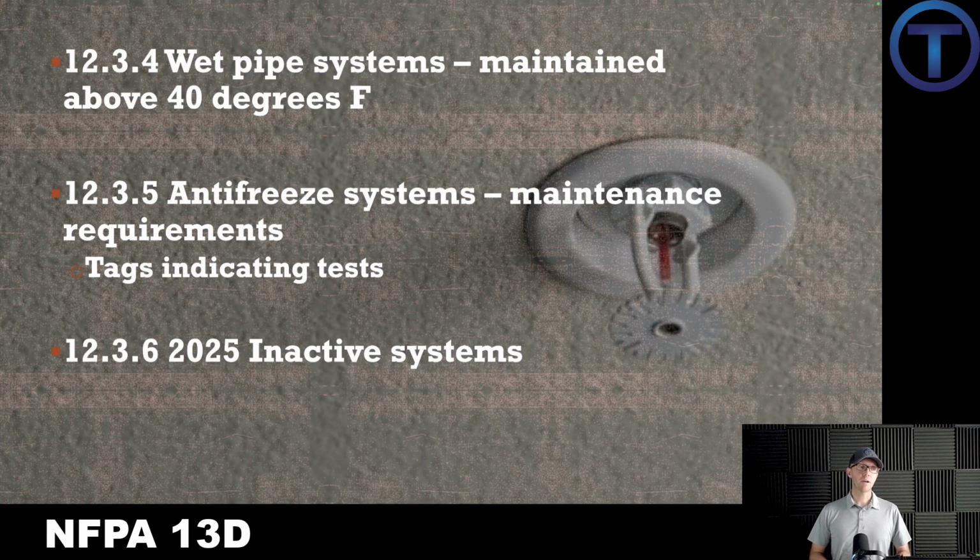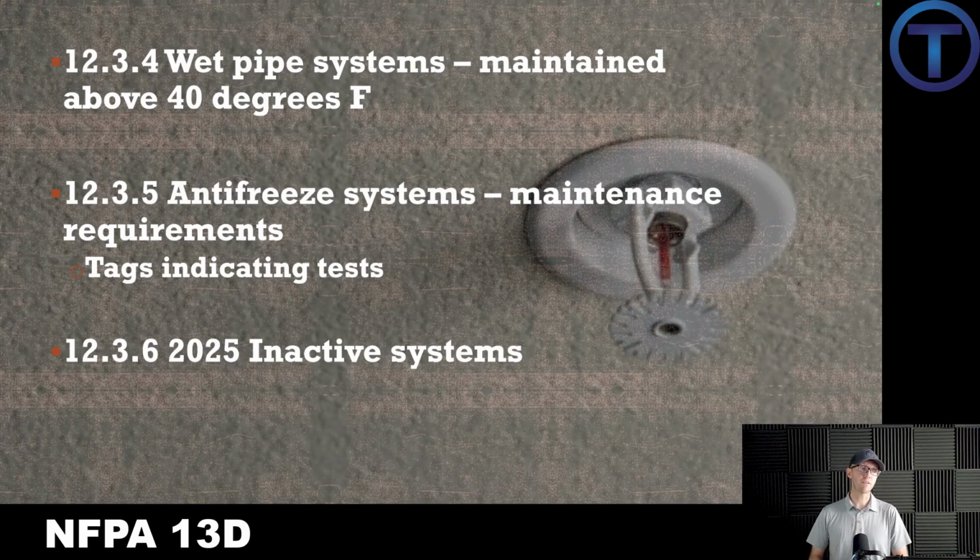We'll wrap this chapter up with a summary of 12.3.4, which talks about wet pipe systems, and they have to be maintained above 40 degrees. We talked about that in our Chapter 9 presentation. 40 degrees is the limit for a wet pipe system. If the interior space isn't kept to that, we have to look at other alternatives, whether it's antifreeze or dry pipe system. If it's antifreeze, 12.3.5, antifreeze systems have to be maintained.